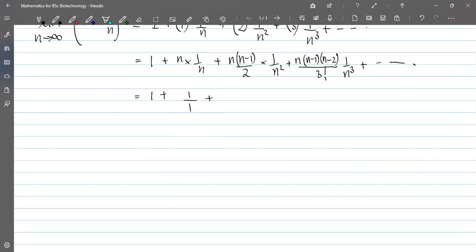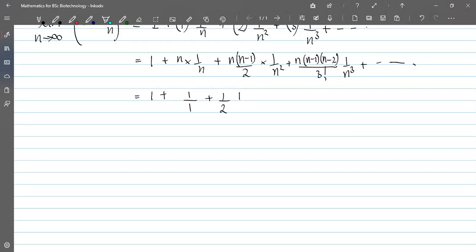Whereas here what happens? You have a 1 by 2. So let me keep that there, 1 by 2 times one of these n's will get cancelled because there is an n square in the denominator. So one of these will get cancelled.